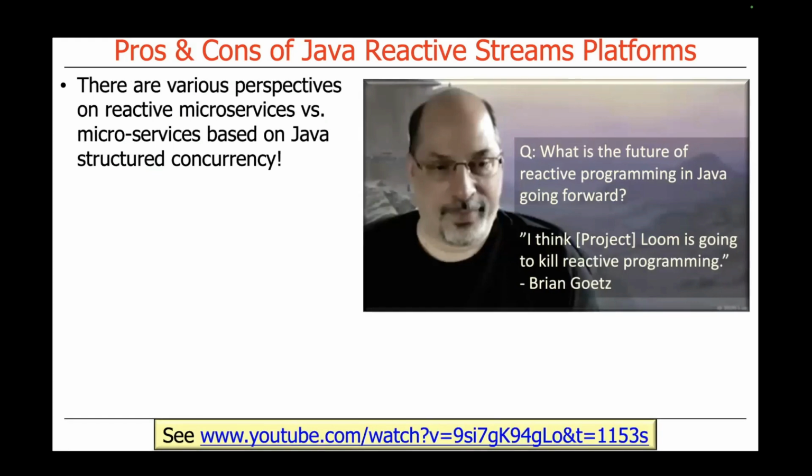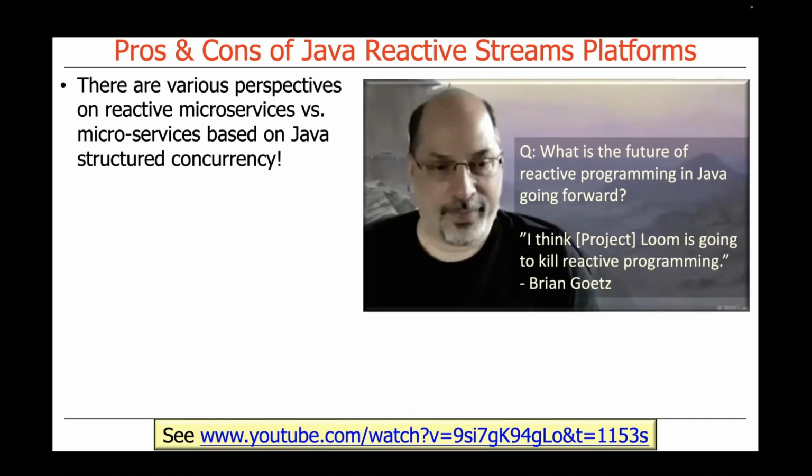There are also some interesting perspectives, of course somewhat biased, by people who are proponents or promoters of other concurrency models. For example, Brian Goetz and other supporters of structured concurrency have gone on record as saying they think the virtual threads features that are available now in very modern Java are going to kill reactive programming.